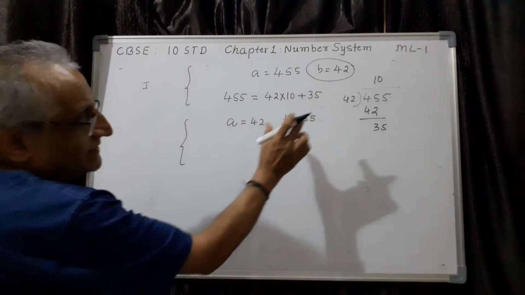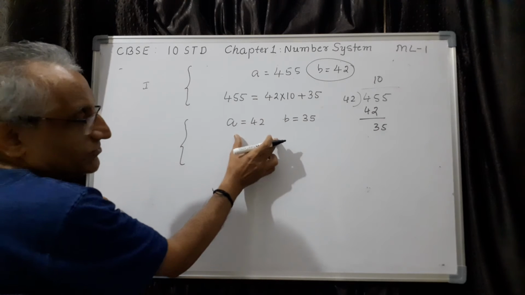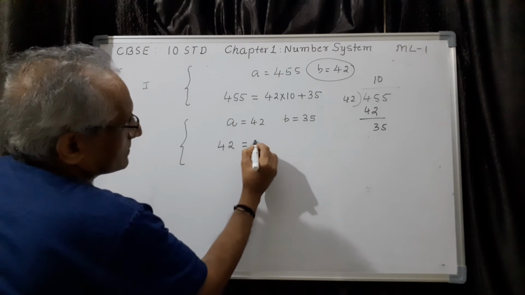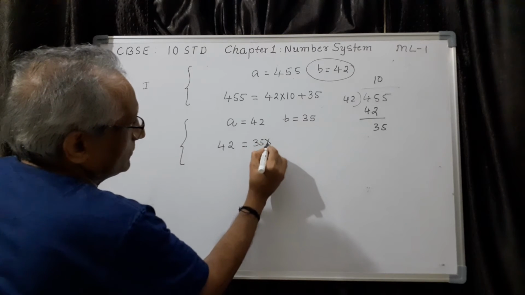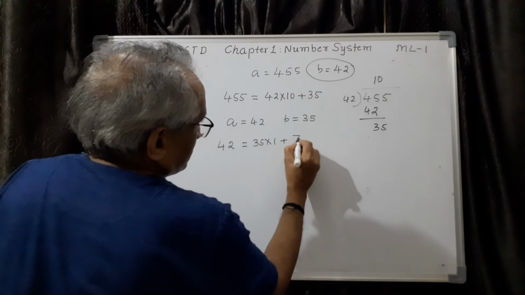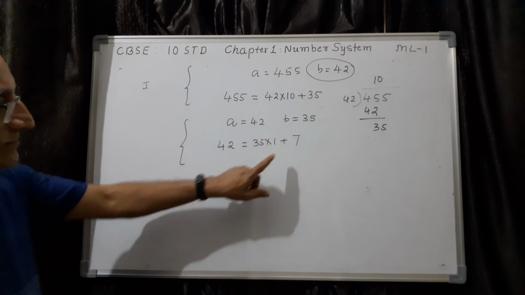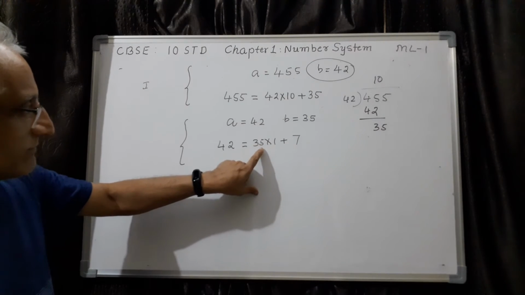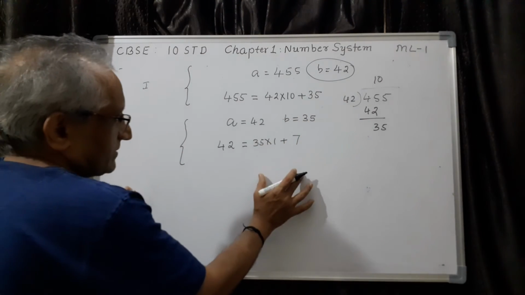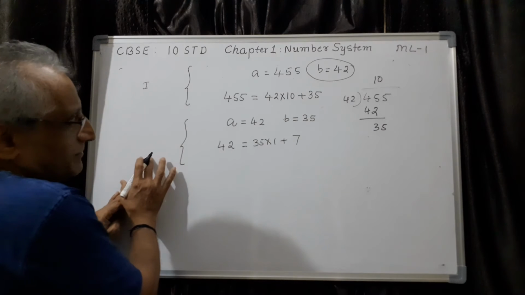Now once again you have to use the same division algorithm. So this 42 can be written as 35 into 1 plus 7. You can check 35 into 1 is 35 plus 7, otherwise divide here. This is very simple, therefore I have not written it. So this is the second step.